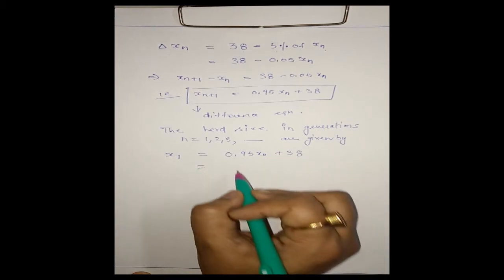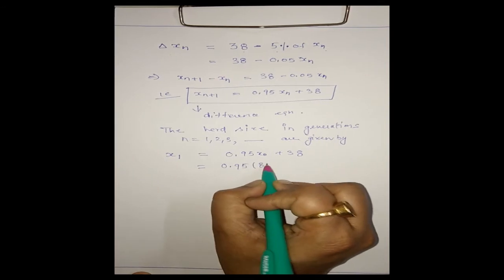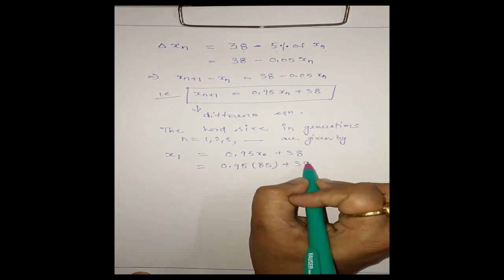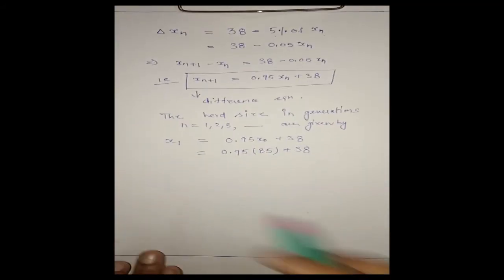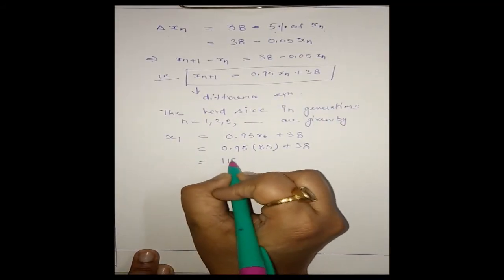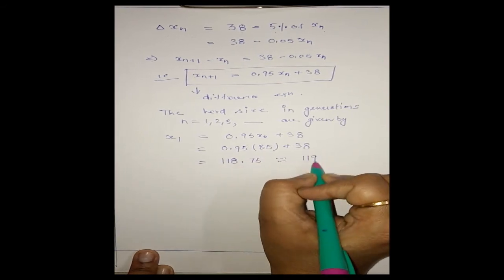Initially, we have 85 buffaloes, so x0 is 85, so 0.95 multiplied by 85 plus 38 is equal to, on solving this we get, 119.